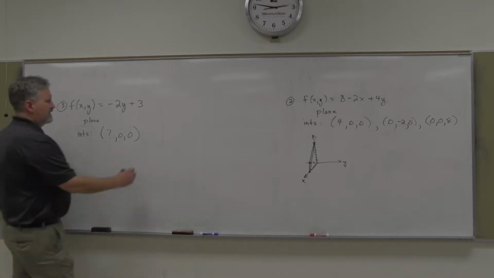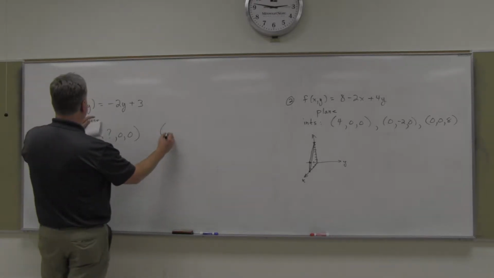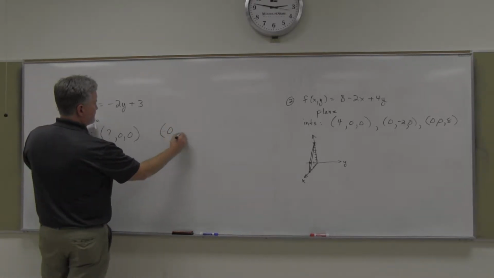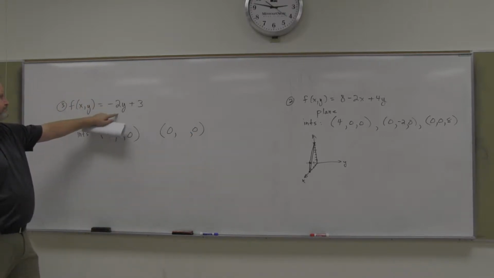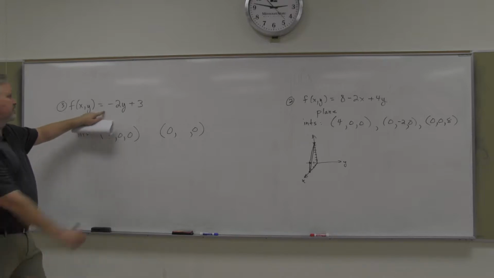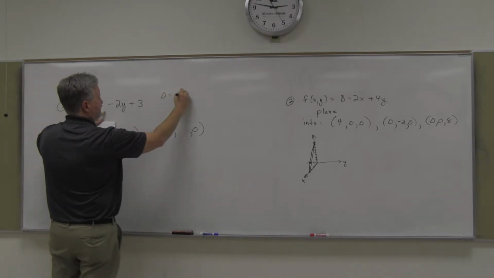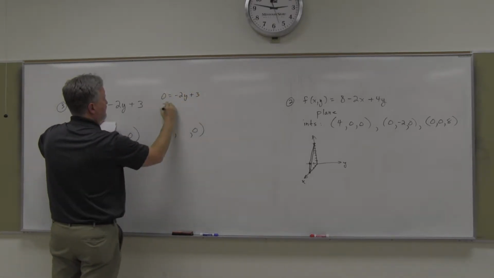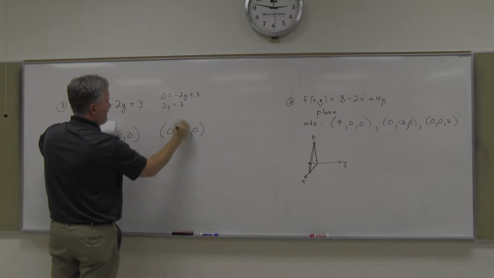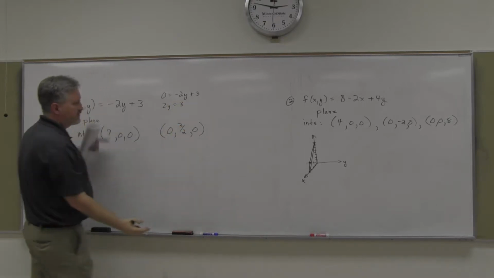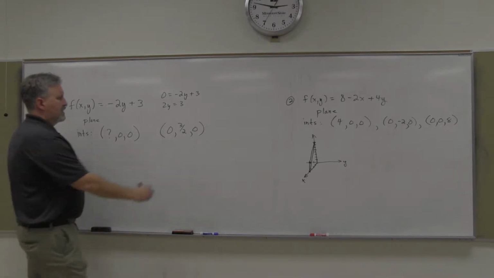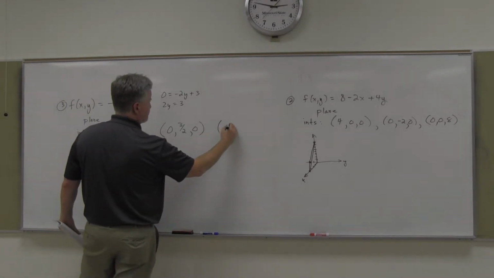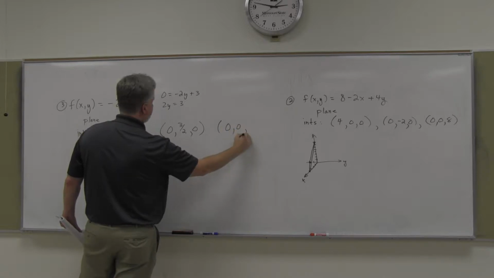So we could do z is 0, x is 0, and solve for y. That'd be 0 equals -2y plus 3. So 2y equals 3, so that's 3/2. So we could do that even though we're not plugging in an x value.